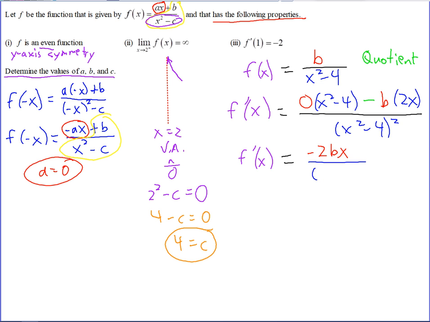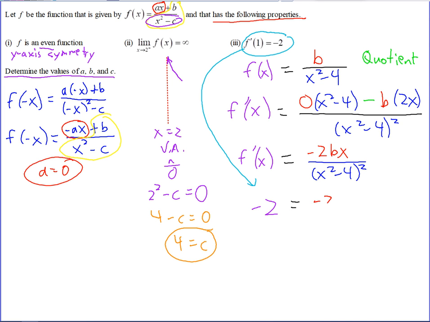You could square it out, but I don't think it's going to be helpful in this case. So let's utilize this point now. When you plug in positive 1, our derivative should equal negative 2 when we substitute in 1 for x.